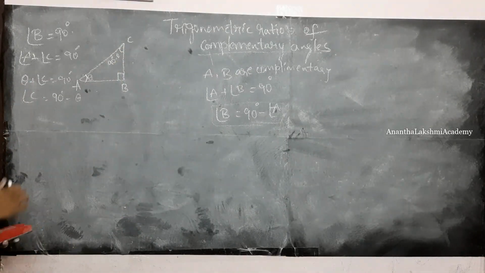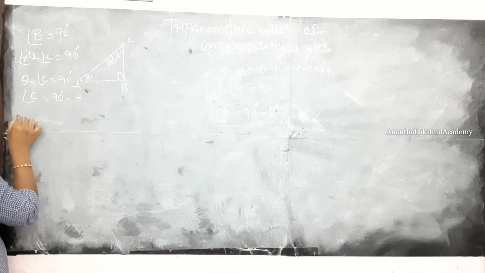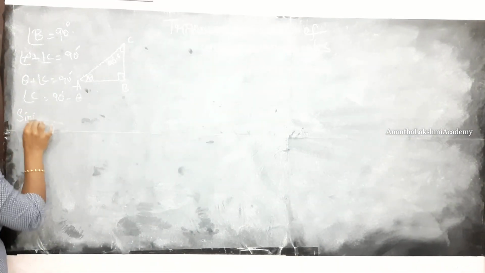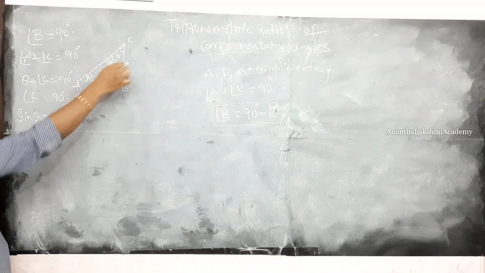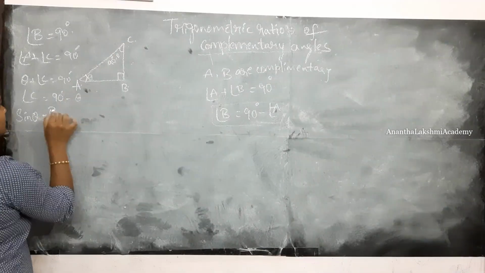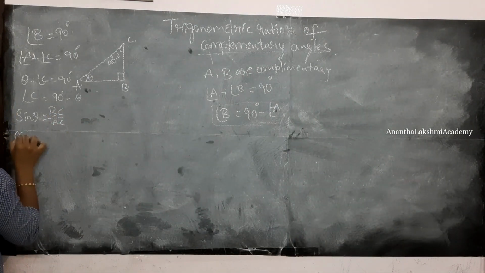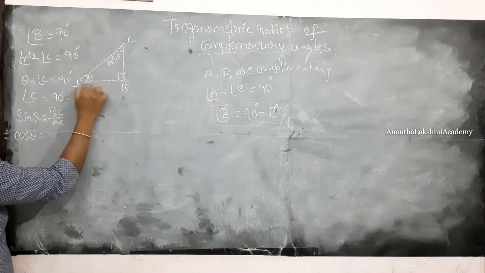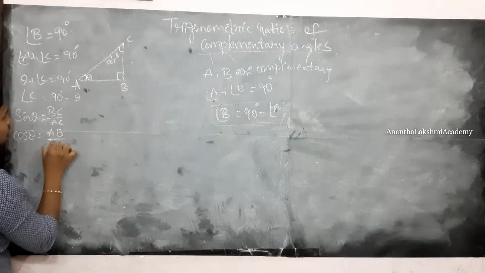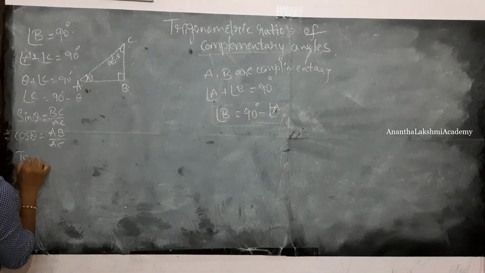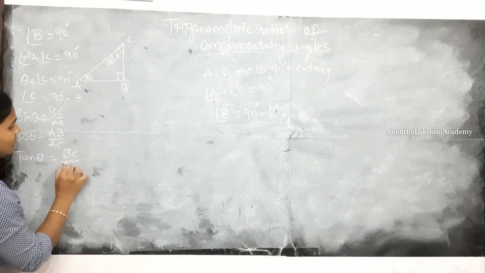Okay, let us quickly figure out the trigonometric ratios for theta. What is sine theta? BC by AC, right? Opposite side by hypotenuse. Cos theta, adjacent by hypotenuse. Tan theta is opposite by adjacent.